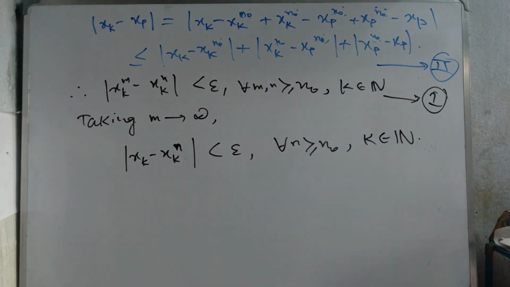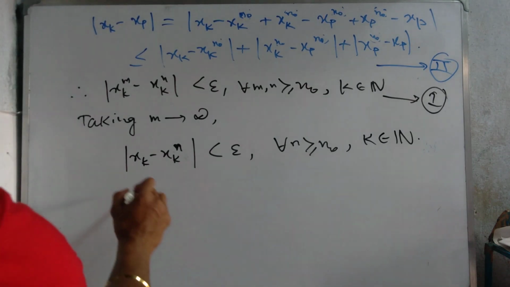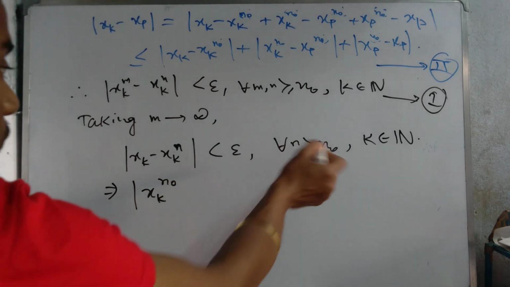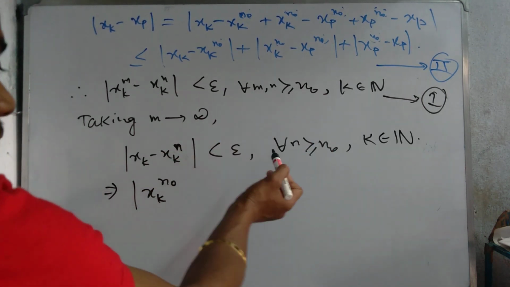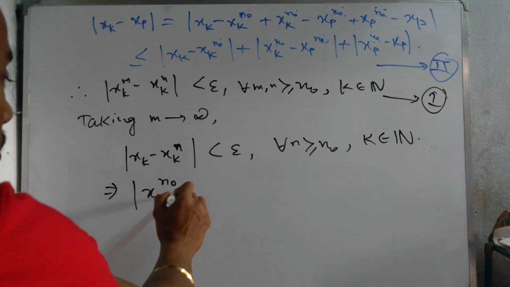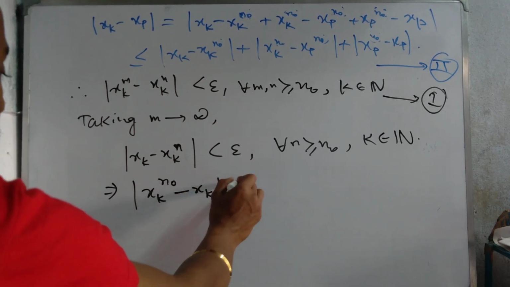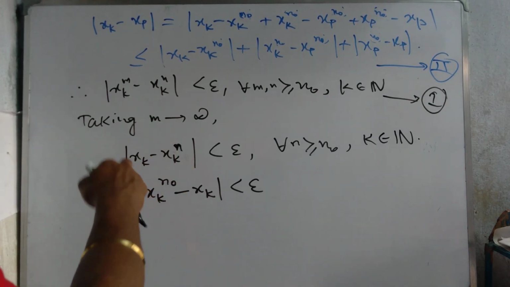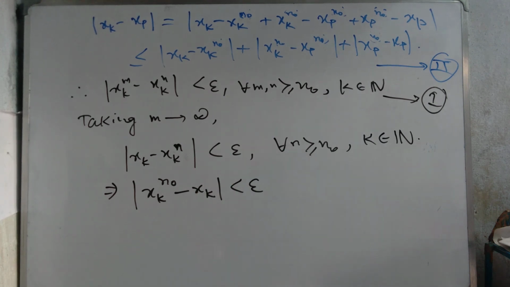Okay, then what do we find? We find this one appropriately with x_k^(n0). If we put n0, then this inequality obviously holds, so we write this. And obviously in modulus, if we change a minus b to b minus a, it is not a problem, so we write it this way.